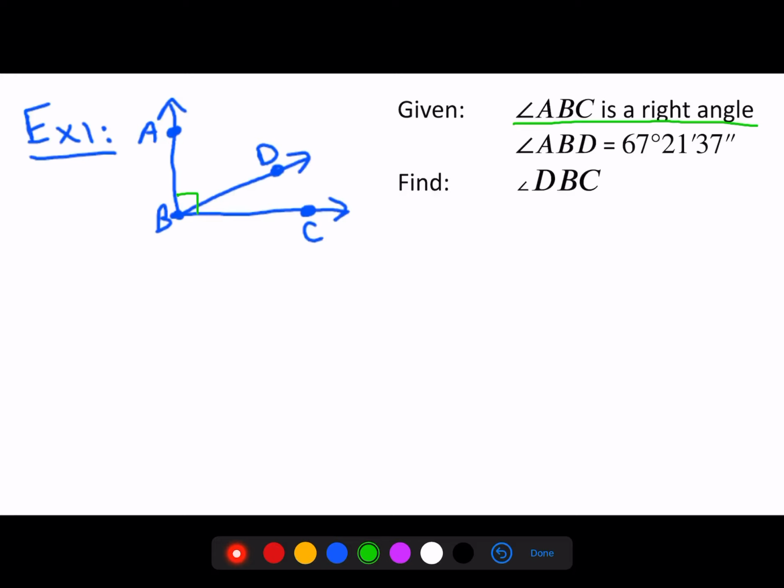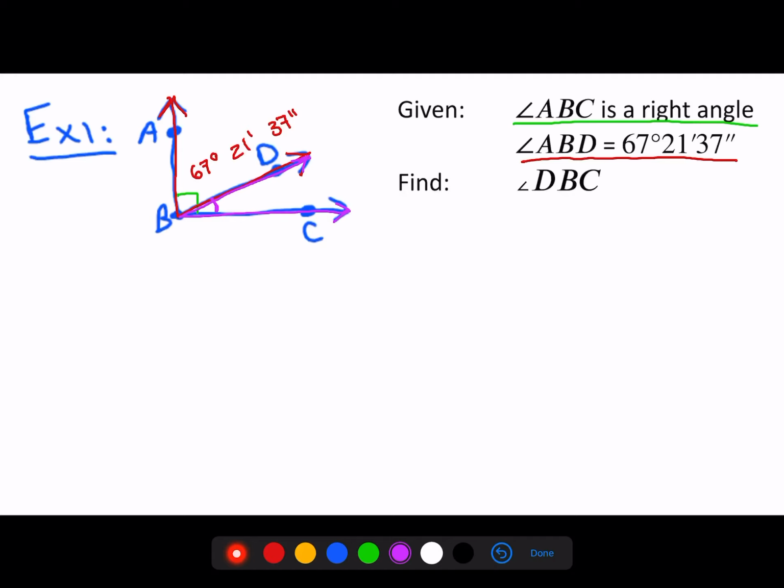Next we also know that angle ABD is, so I have angle ABD, this red angle here. This red angle is equal to 67 degrees, 21 minutes, and 37 seconds. We want to find this missing angle right down here. So we want to find the measure of angle DBC.